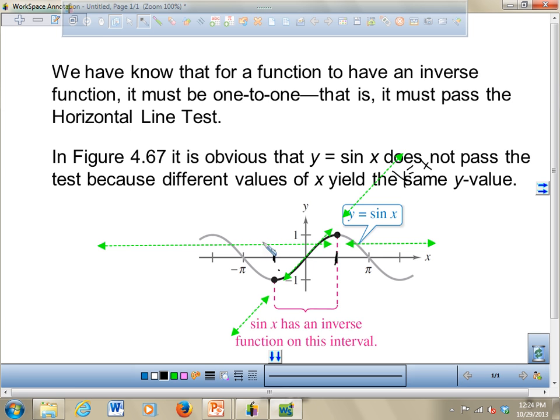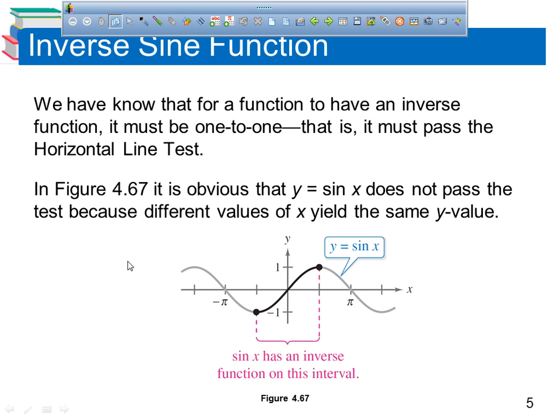If this is negative pi and this is positive pi, what point is this? Negative pi halves, right? Negative pi over 2 and positive pi over 2. So what they do is they restrict the domain of the function. So we'll move on. Let me show you, because you'll see. Okay?